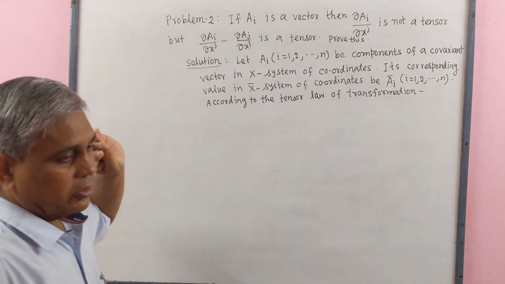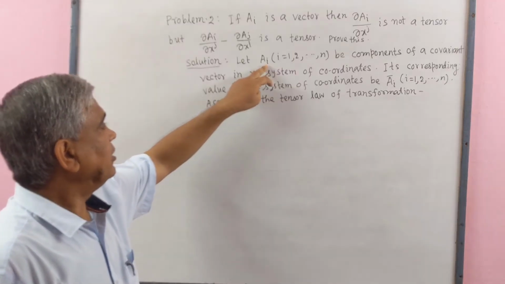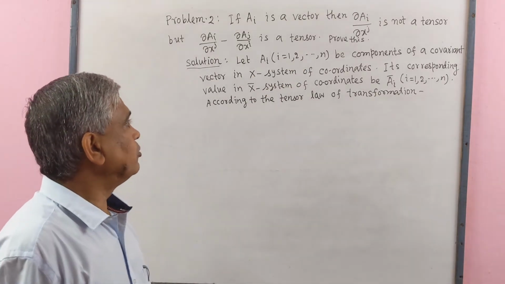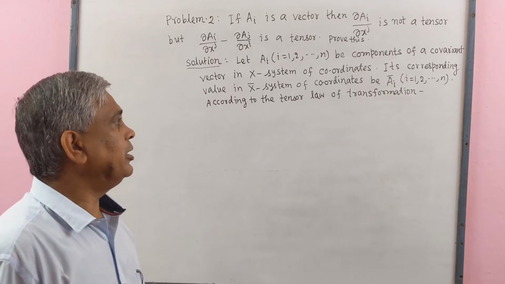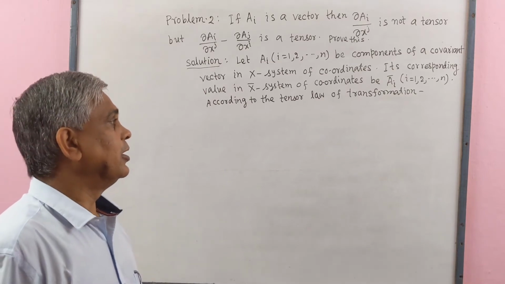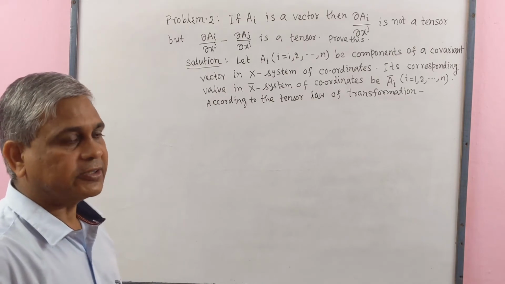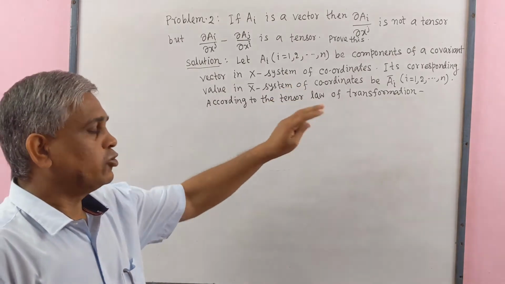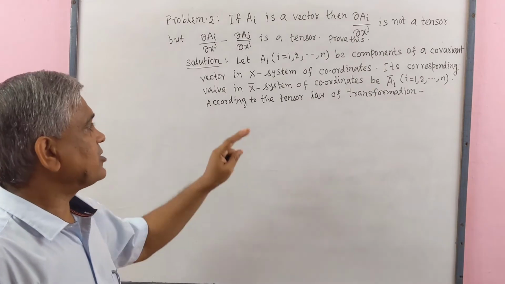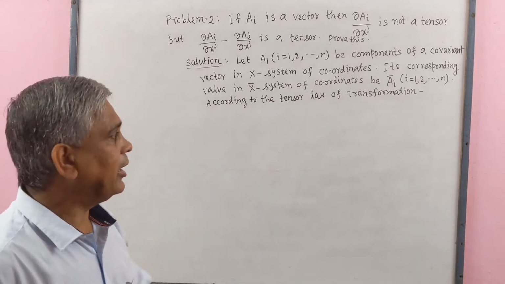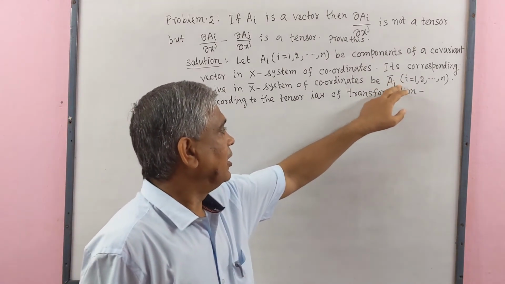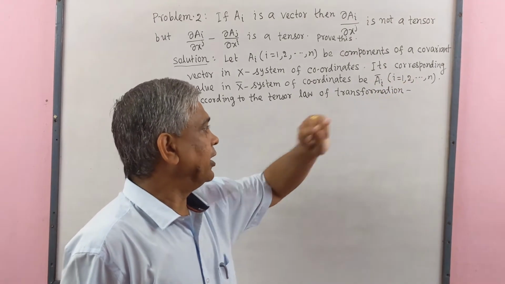Now solution. Let ai, i equal to 1, 2, ... n, be components of a covariant vector in x system of coordinates. Its corresponding value in x bar system of coordinates be a bar i, i equal to 1 to n.